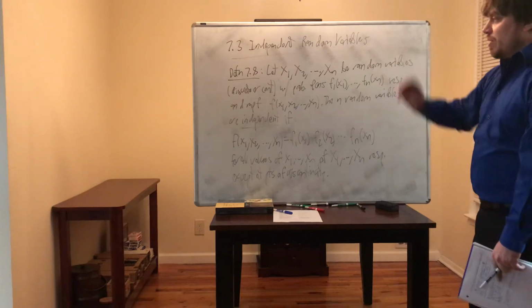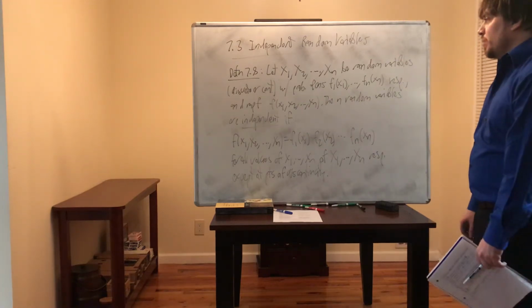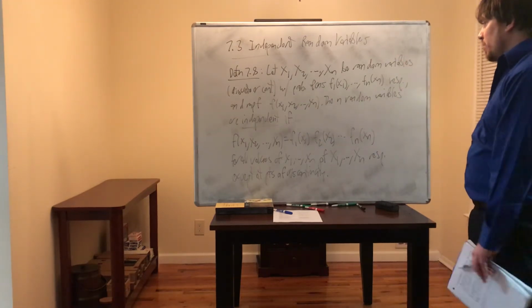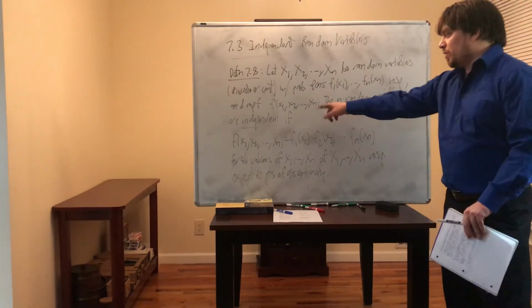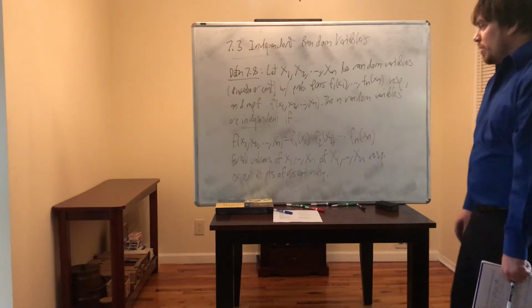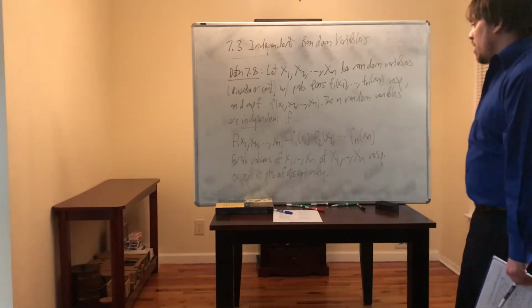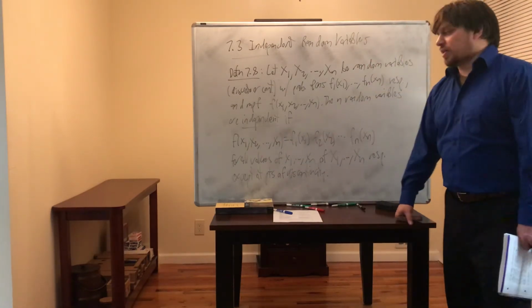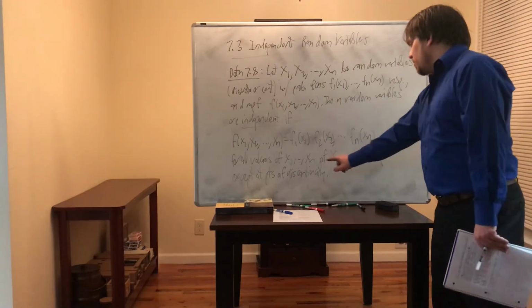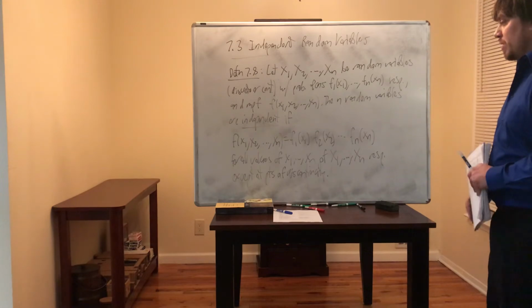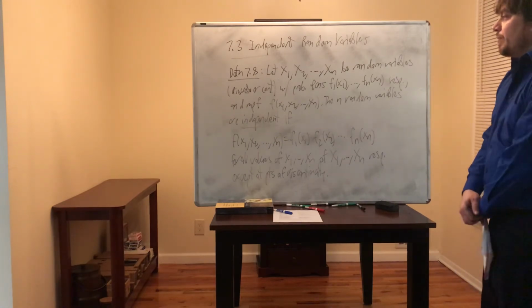Okay, so definition 7.8. Let X1 to Xn be random variables, discrete or continuous, with probability functions f sub 1 of x1 to f sub n of xn respectively, and MPF f of x1, x2 to xn. The n random variables are independent if f is equal to the product of the f sub i of x sub i's, for all values of x1 to xn, except at points of discontinuity.